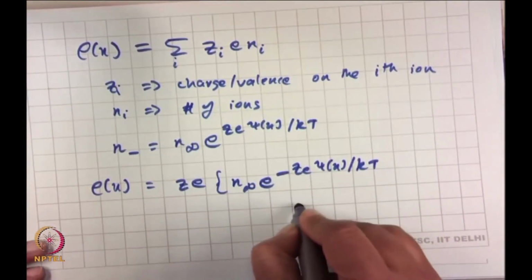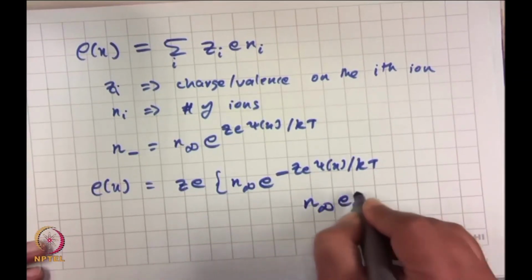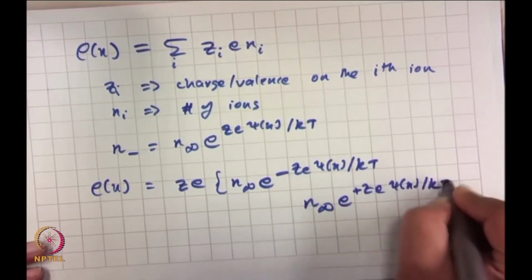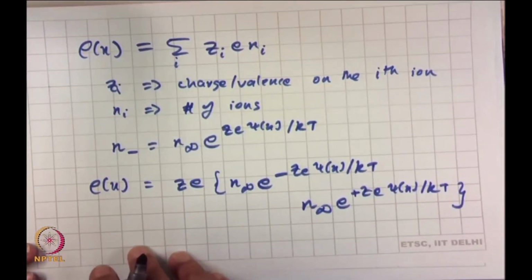Then what should I write? n infinity e to the power plus z e psi of x over kT.